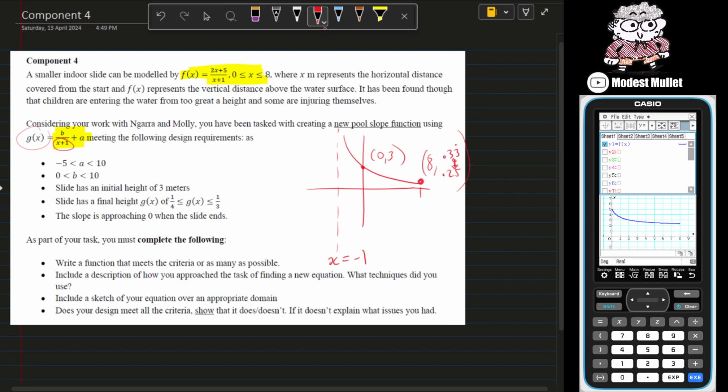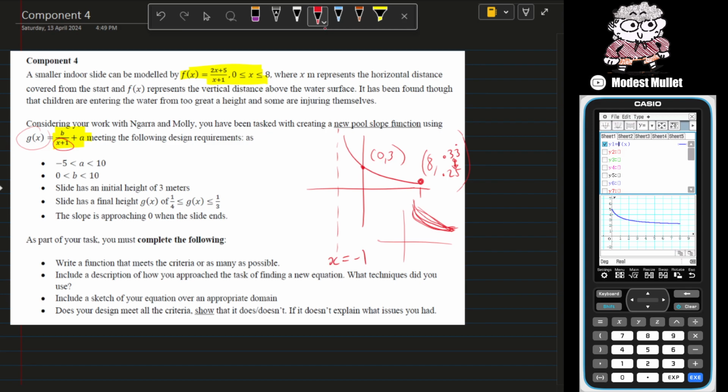And the slope is approaching 0 when the slide ends. So we can't have something really straight. We want that hyperbola shape where it's flattening out. So we need to design some hyperbola function that meets these requirements.